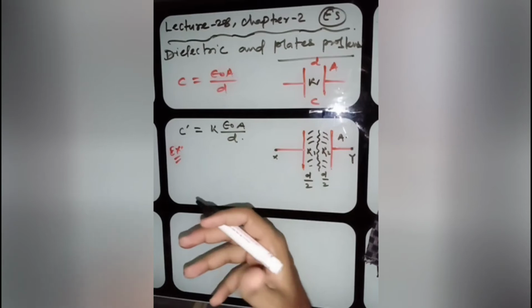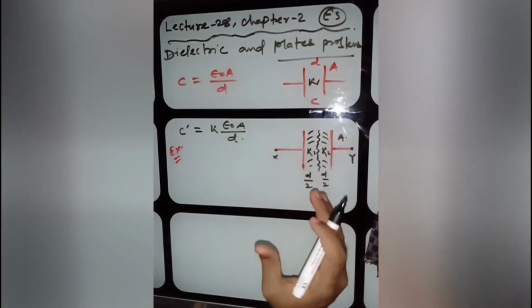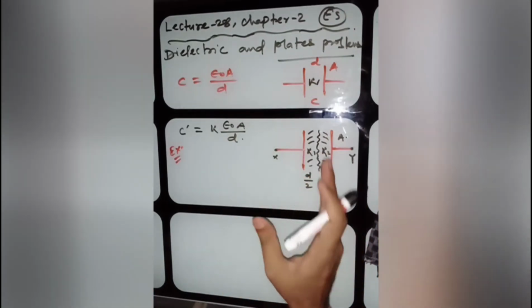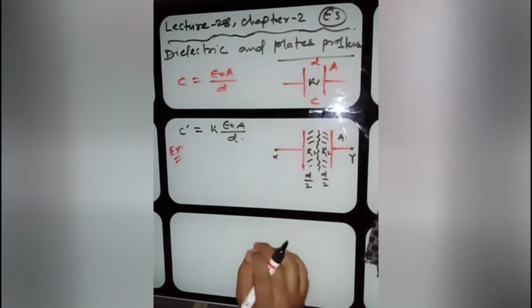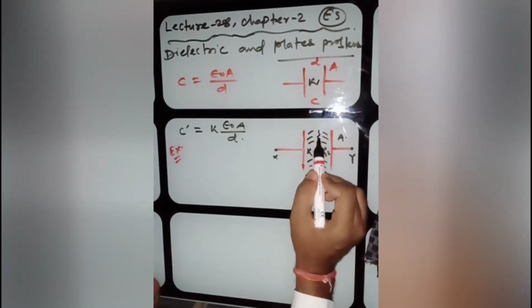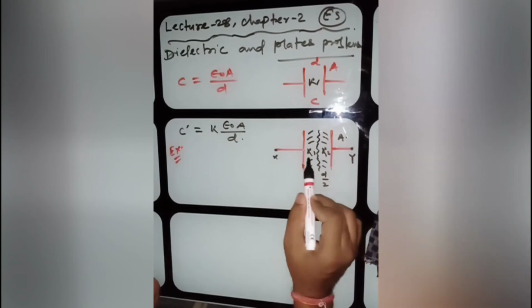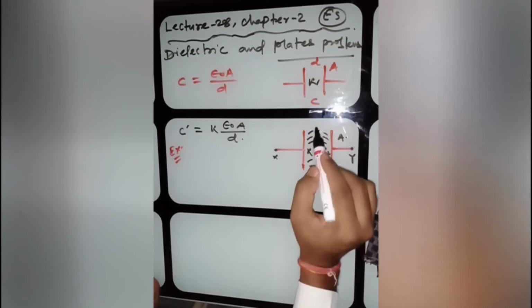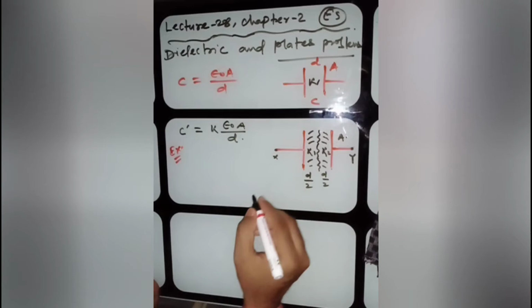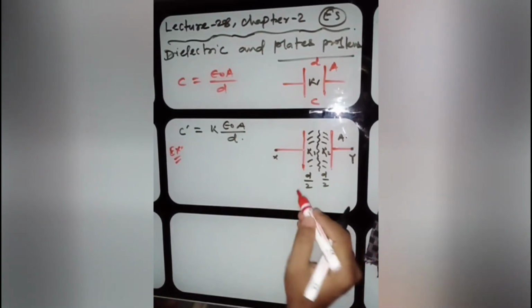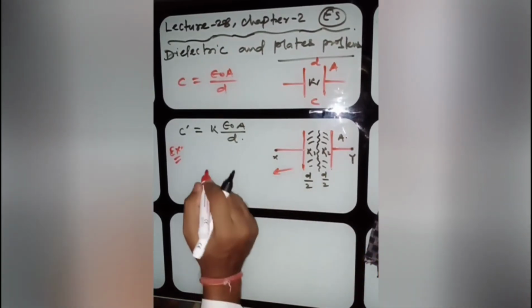Whenever you look at the dielectric boundary, cut the capacitor at the boundary to separate. From here the dielectric is changing, so we will cut from this one and draw the capacitors in this way.